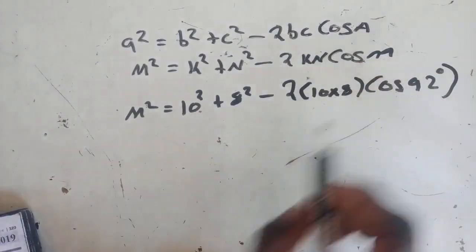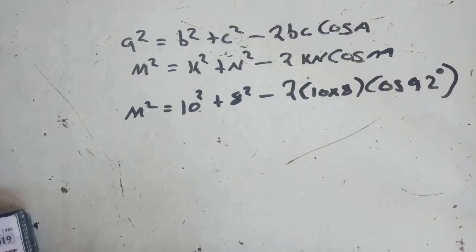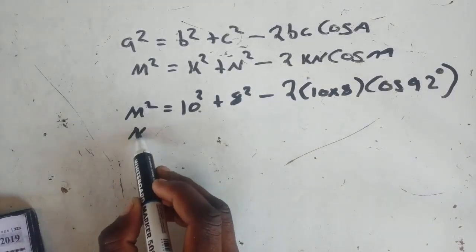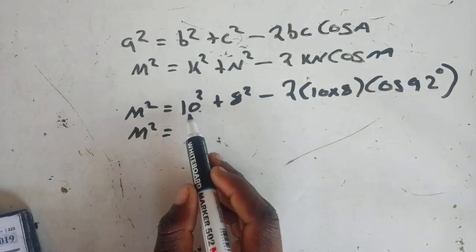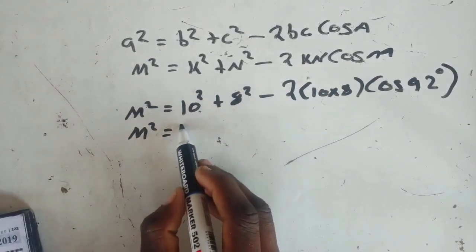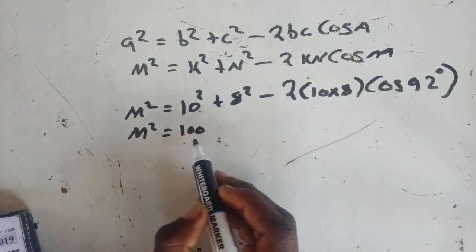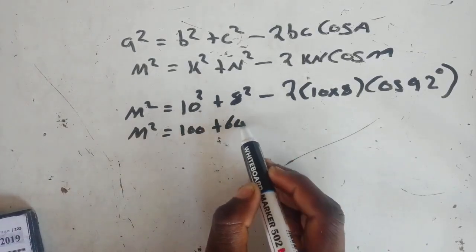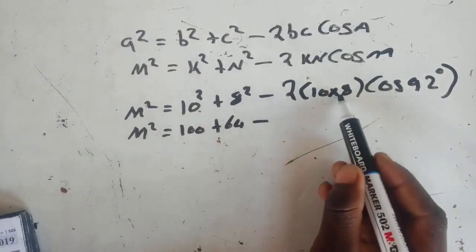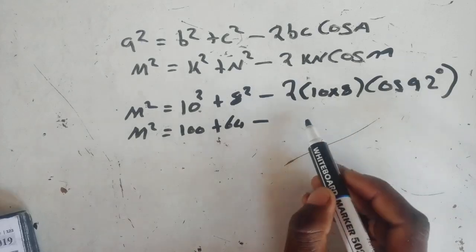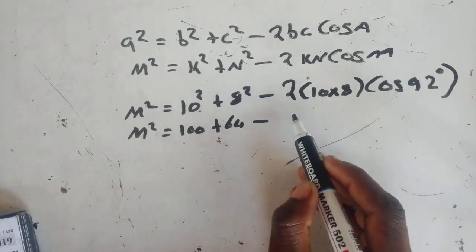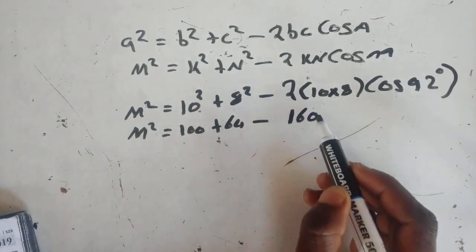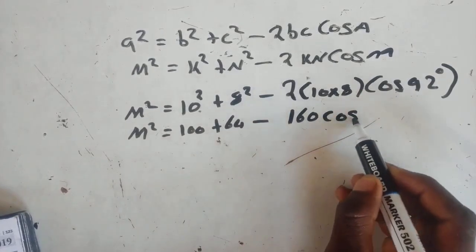So if we expand, you're going to have M squared is equal to 10 squared, which is 100, plus 8 squared, which is 64, minus 2 times 10 times 8, that's 160, cos 92.